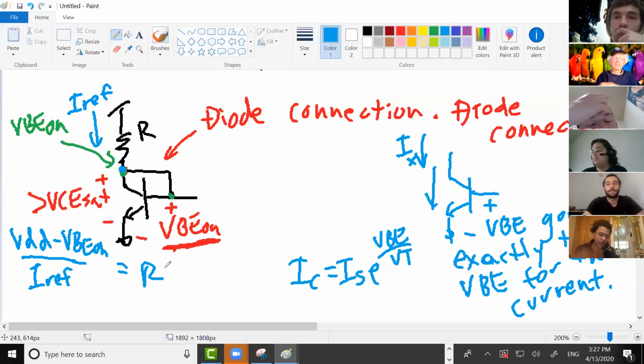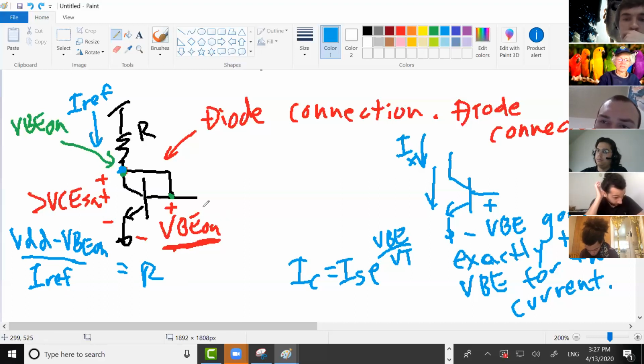So if this is approximately VBE on, this will approximately give you the R that will force whatever your target current is right here. It'll force that target current through your transistor, and your VBE on will go to the VBE on for whatever that current is.